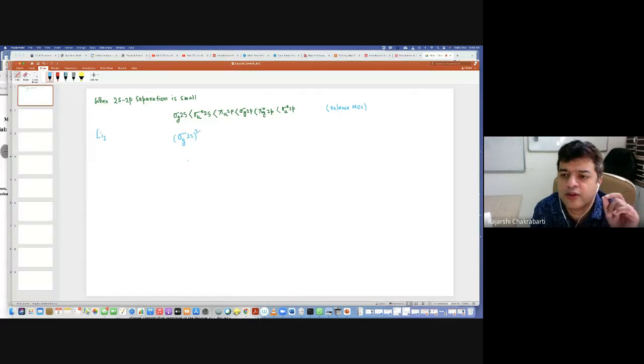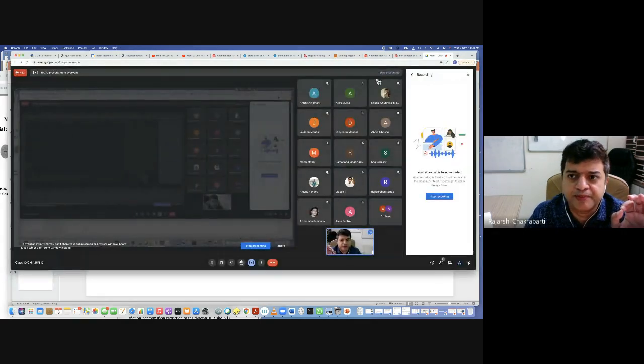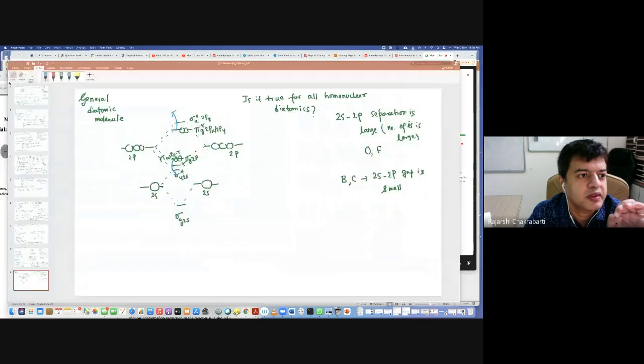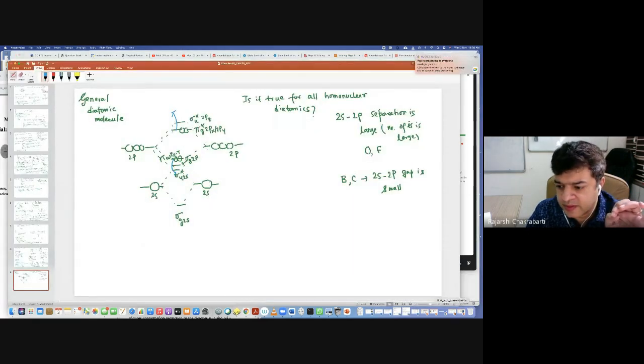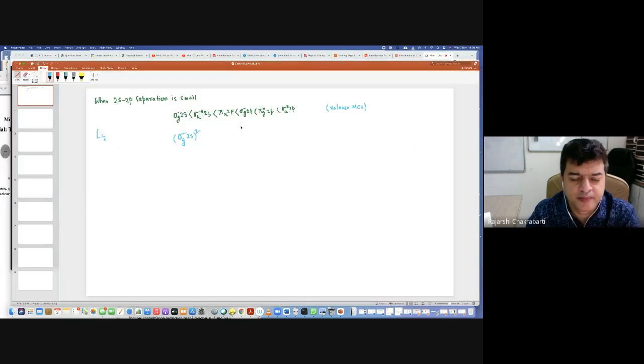The electrons go to sigma g 2s. Now sigma g 2s is a bonding orbital, isn't it? Then what will be the bond order? The bond order is going to be 1, isn't it?